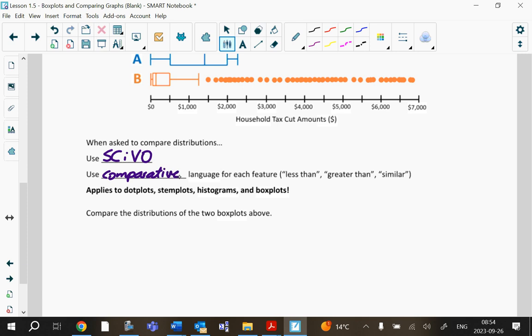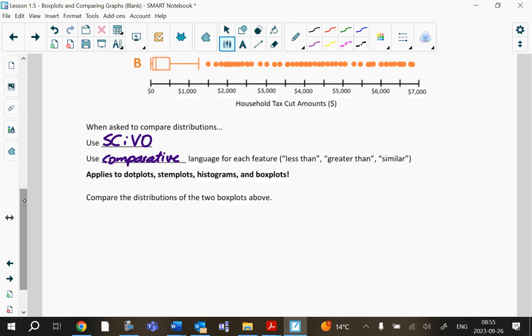So you could say the median of one is this, which is greater than the median of the other, which is this. The IQR of this, which is such and such, is less than the IQR of this, which is another number. And this applies to dot plots, stem plots, histograms, and box plots.